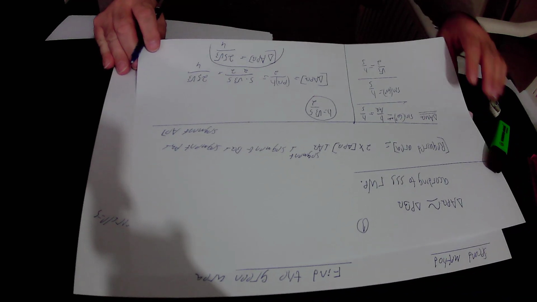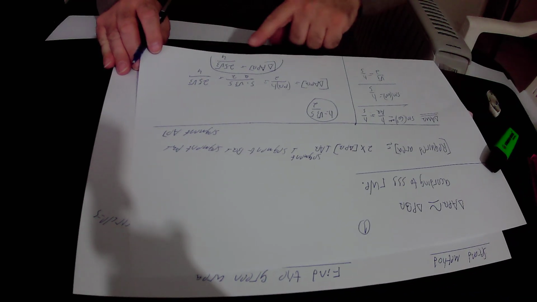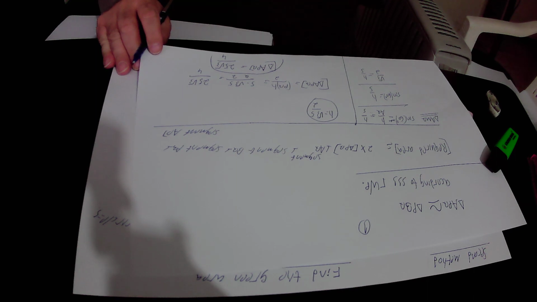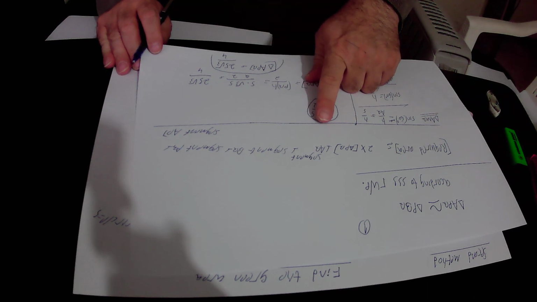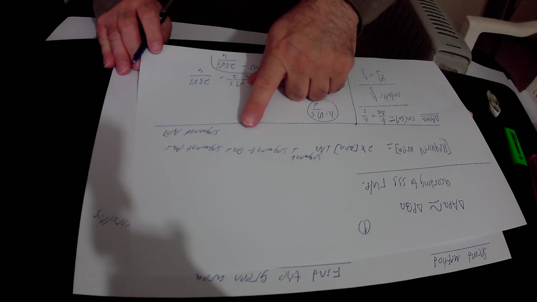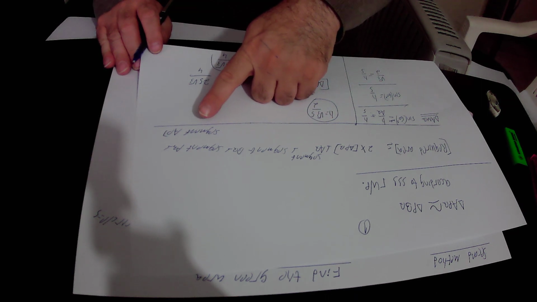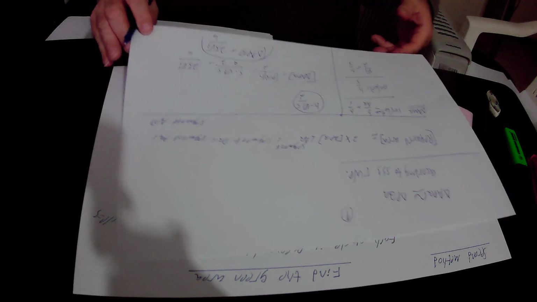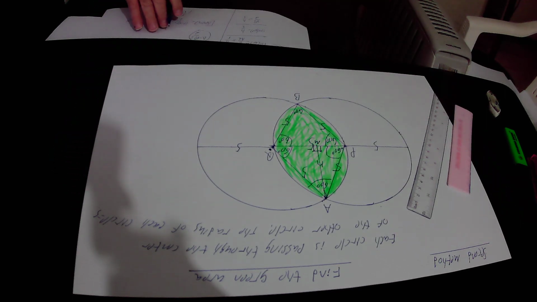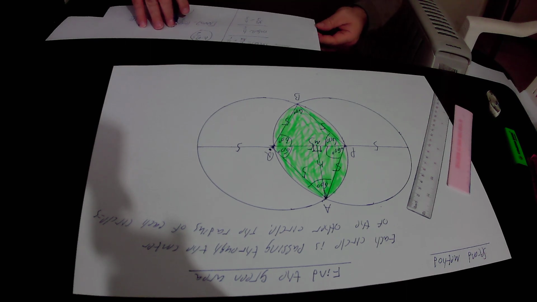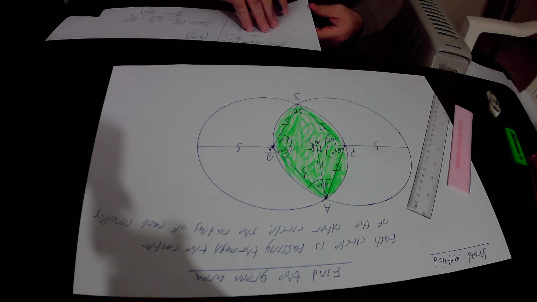And the required area is 2 times the area of triangle APQ plus 4 times the area of segment AQ plus the area of segment BQ plus the area of segment PM plus the area of segment AP. Okay? But what is the area of segment AQ?